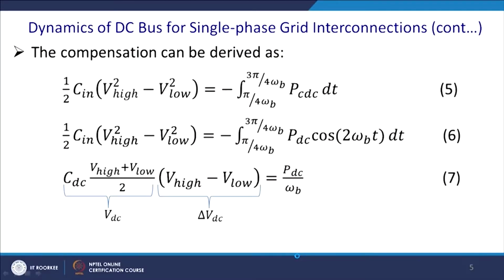Essentially the capacitor is the compensator, and thus half C V square, essentially these equations. So, half C in (V_I square high minus V_I square low) is the difference between the variation of the input of the capacitor before this grid side converter, and that can be minus pi by 4 to 3 pi by 4 P_DC dt.